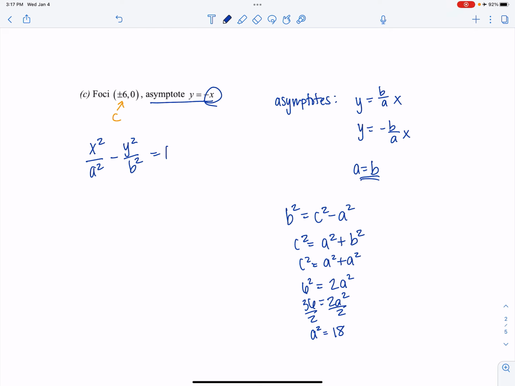And since a and b are the same, this is also b squared. So that's cool because that's what we wanted. We wanted a squared and b squared, and we got both of them in one. So x squared over 18 minus y squared over 18 equals 1. And that's our equation.